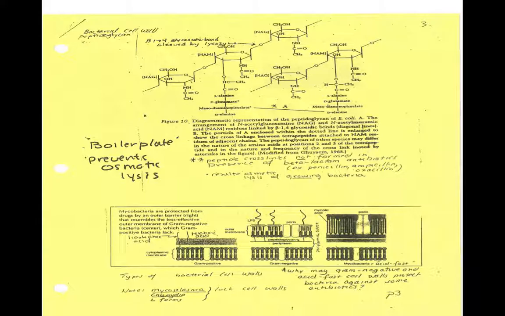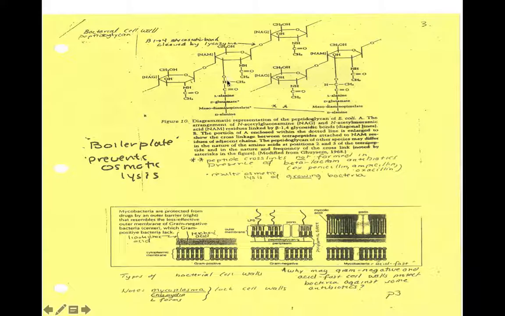Let's take a look here. Another thing I could ask is to identify what this is, what that is, and of course I'm going to white out the label. This sugar here is the N-acetylglucosamine, and over here is the N-acetylmuramic acid. If I whited this out, how would you know this is the NAM? Remember, the tetrapeptide tail is attached covalently to NAM.